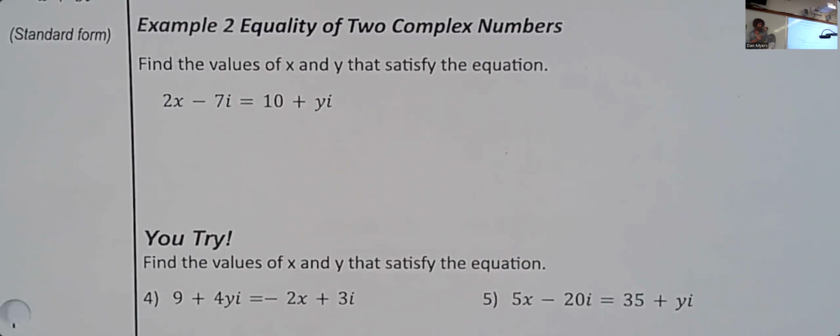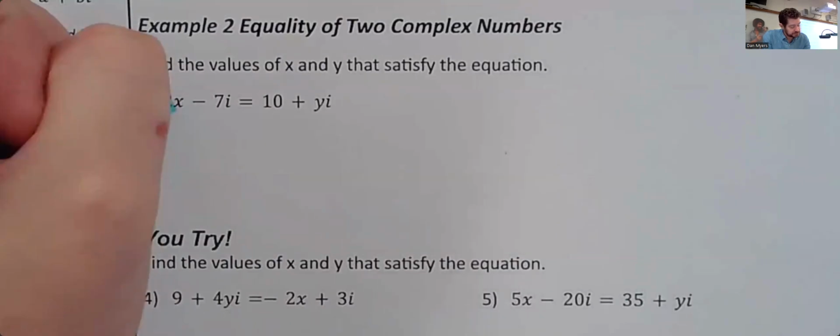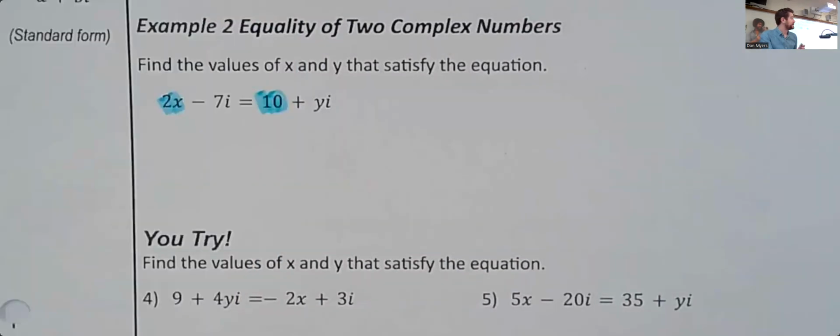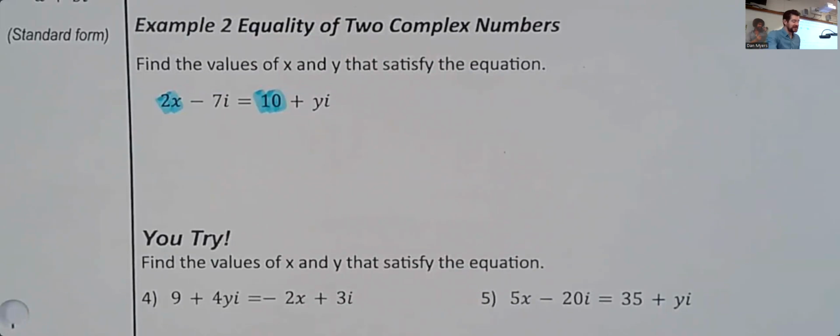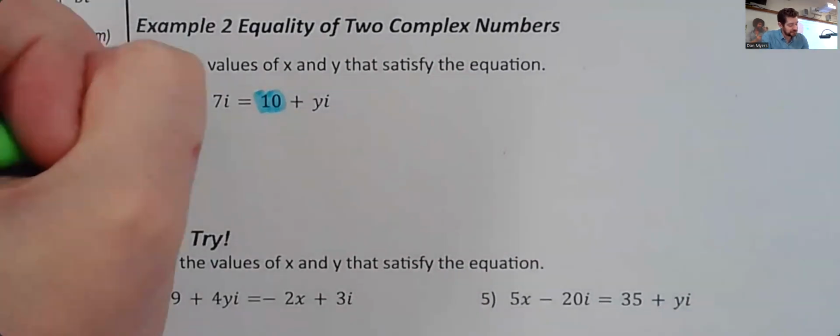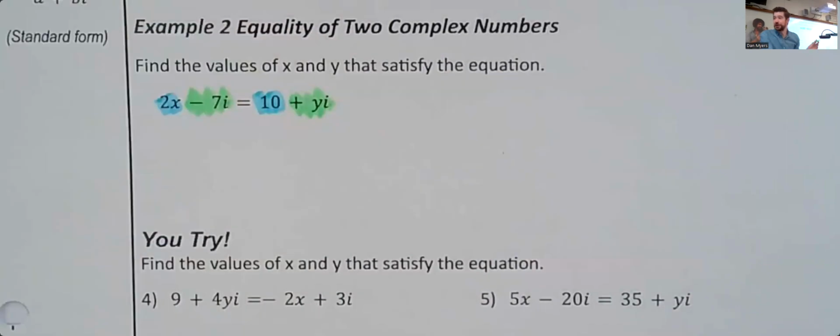Essentially what's going to happen here is you're going to take the parts of this equation that are real and write an equation out of that. And then you're going to take the parts that are imaginary and write an equation with that, and you'll be able to solve for x and y. So for example, the parts that are real are here and here. And the bits that are imaginary are here and here.